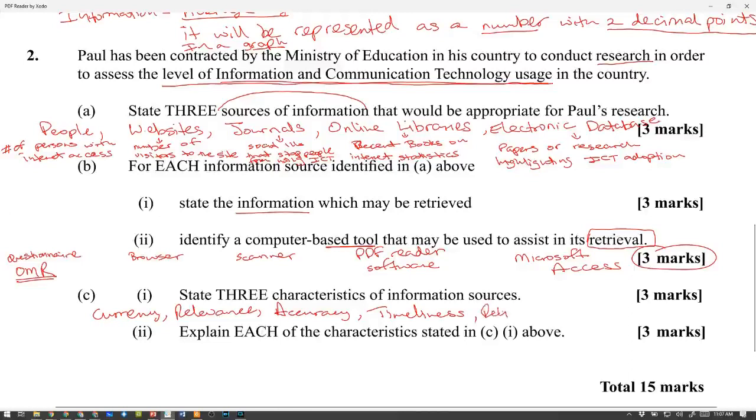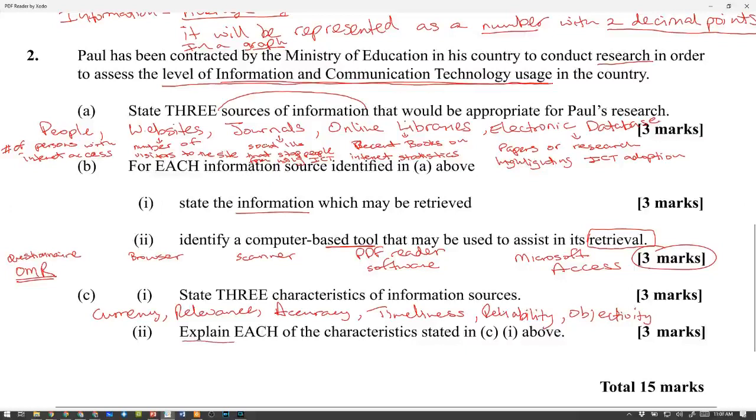Reliability. And objectivity. Right, so let's see if we could give some kind of explanation. So it's currency.